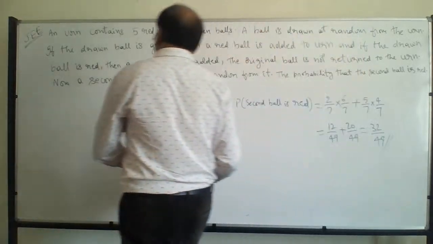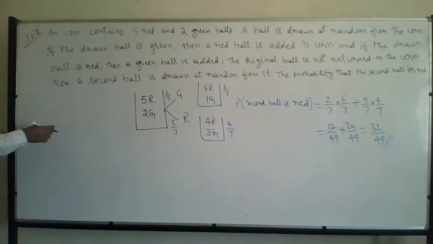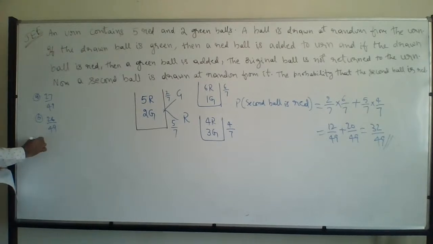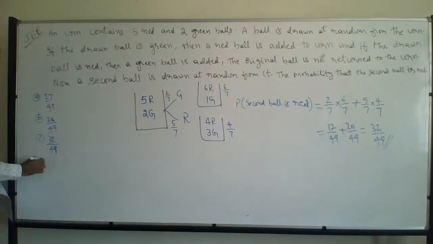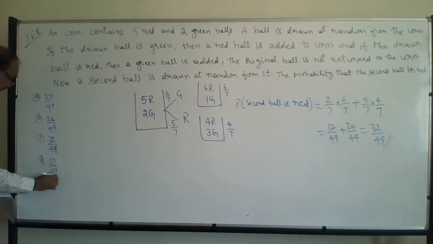The given options are A, 27 by 49, B, 26 divided by 49, C, 32 divided by 49, D, 27 divided by 49.